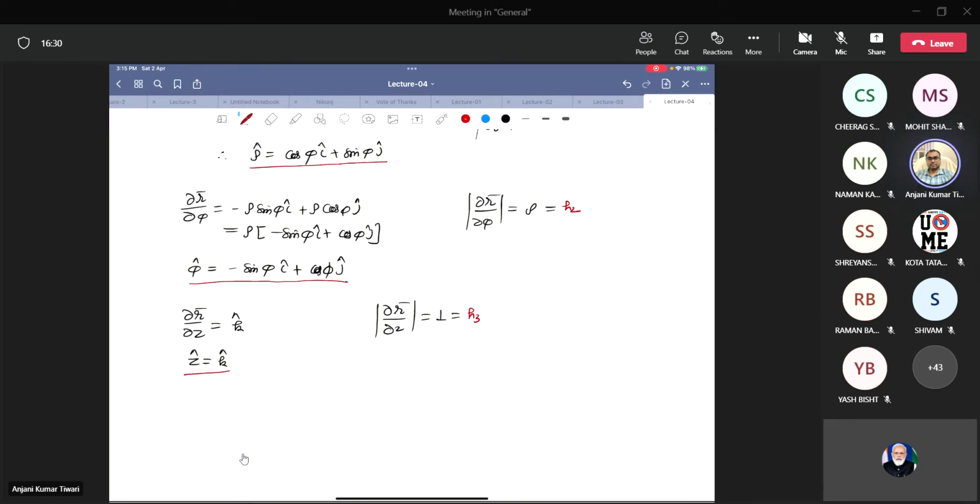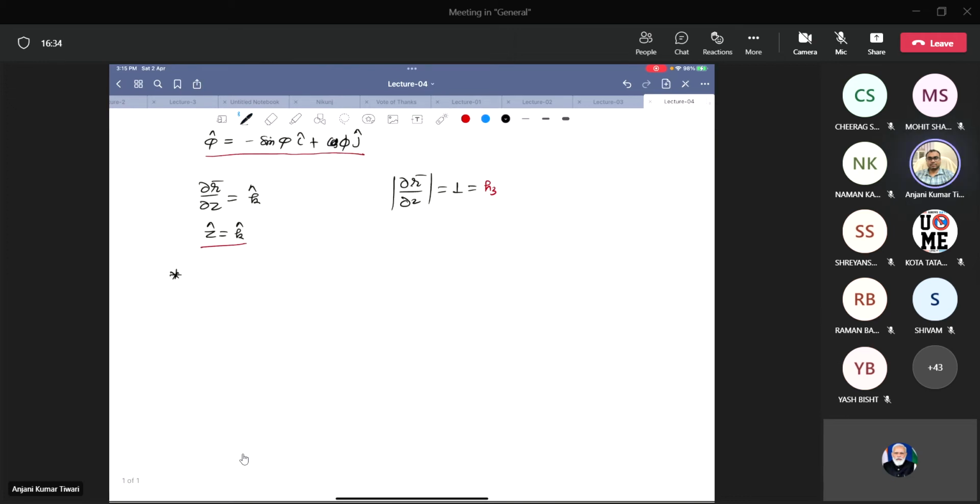This is what we want. Now let us write down the formula for differential length, differential surface area, and differential volume in cylindrical coordinates. So dl, which is the differential length, will be h1 du1 u1 cap plus h2 du2 u2 cap plus h3 du3 u3 cap.